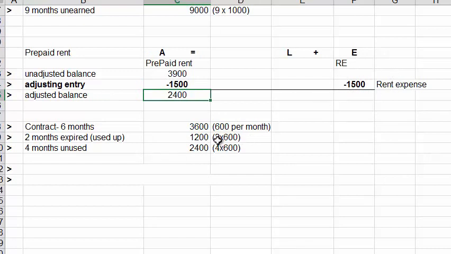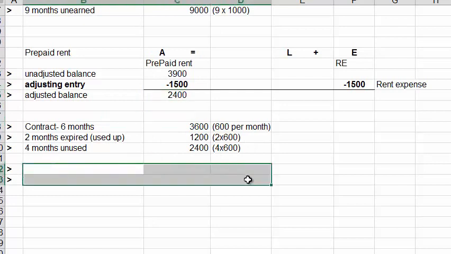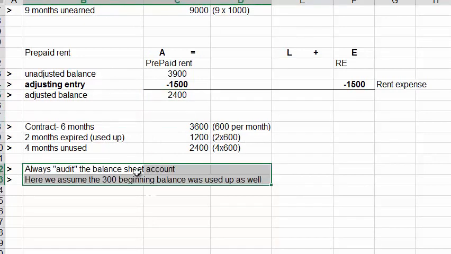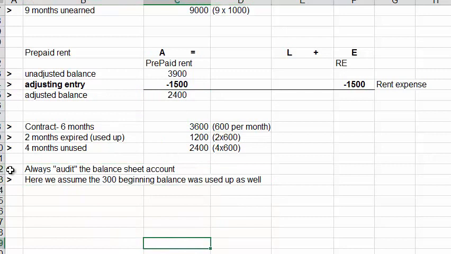Well, it's 2 months of the $3,600 contract plus that $300 that was on the books at the beginning of the year. So, a reminder, always after your adjusting entry, audit the balance sheet account. Make sure you've accomplished what you intended to accomplish with your adjusting entry. It's a really important step.